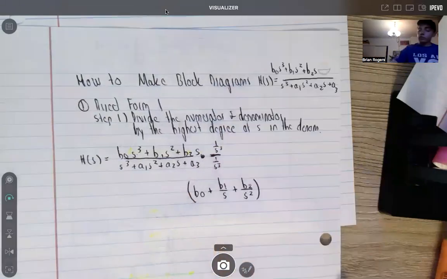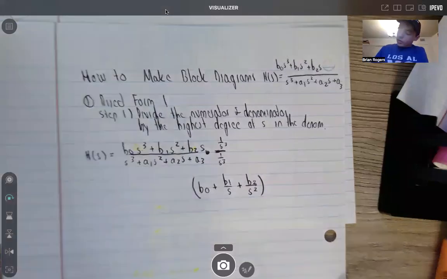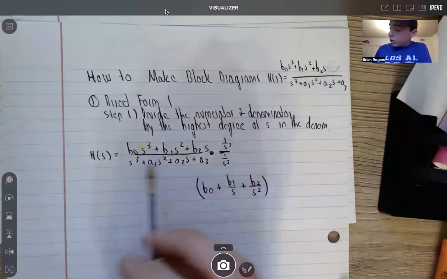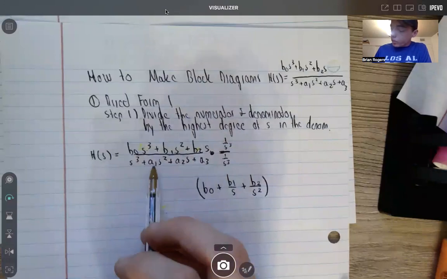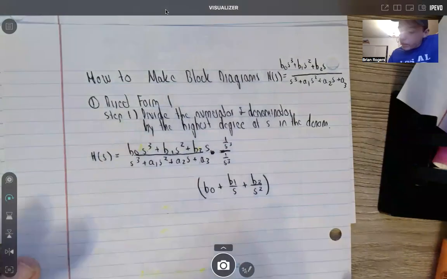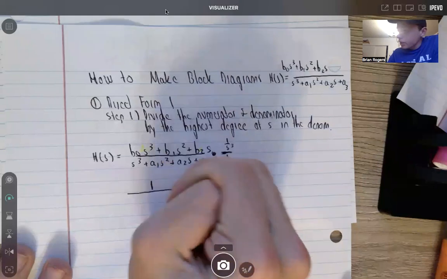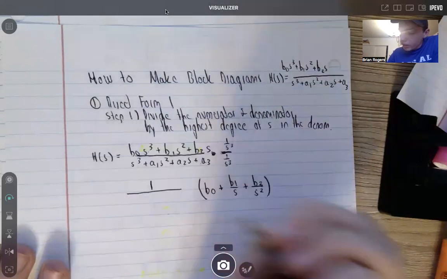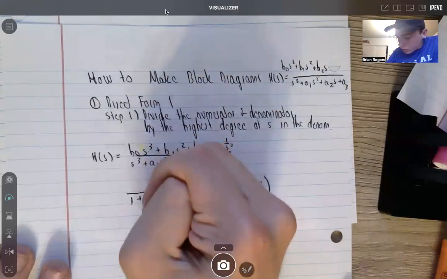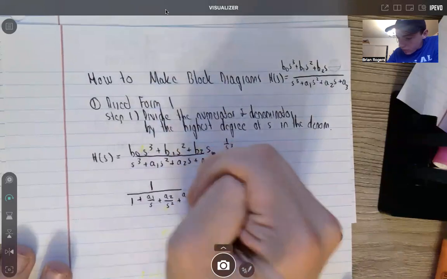In the denominator, if I divide by the highest power, this becomes 1 plus A1 over S plus A2 over S squared plus A3 over S cubed. I separated the numerator from the denominator, so it's written in this form because S cubed divided by S cubed plus A1 over S plus A2 all over S squared plus A3 over S cubed.